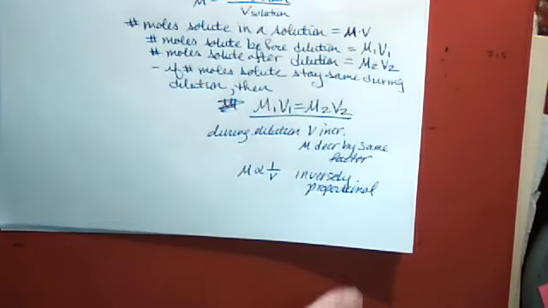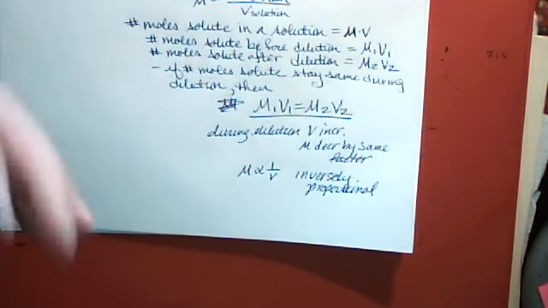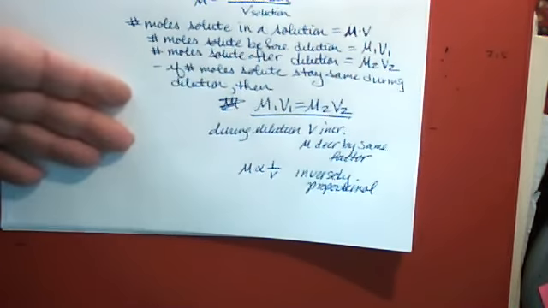Okay, so now we can look at dilutions of solutions. This is very useful because in chemistry, we usually keep what are known as stock solutions, which is really concentrated versions of the various solutions that we need for experiments.